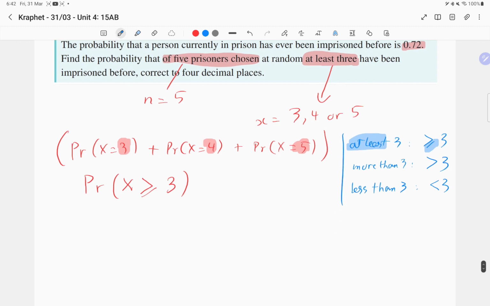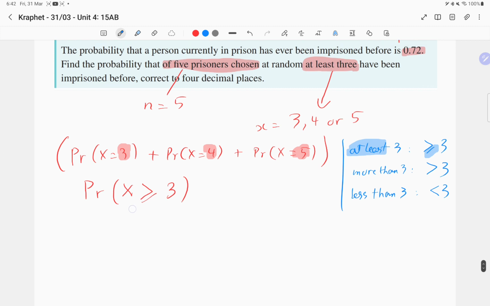So how do we do this? Probability of the 5 chosen, x equals 3. So technically you will need to write the expression, which is equal to PR x equals 3, plus. Now a little trick is you can write dot dot dot, and then plus PR x equals 5.